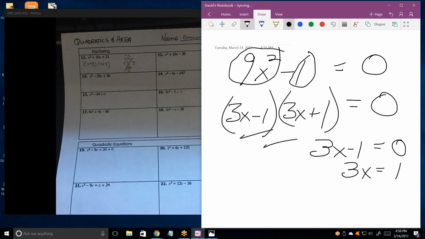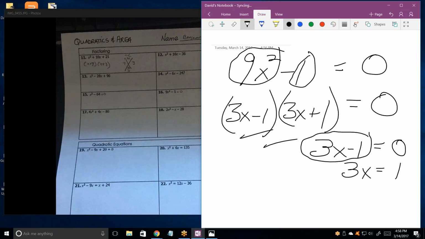Your last step is x equals some number, which means you want to get rid of everything that's affecting x. To start with, I had a 1 that was being subtracted, so I got to do the opposite. I got to add 1.